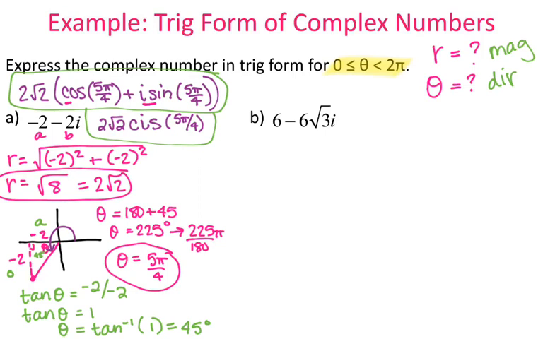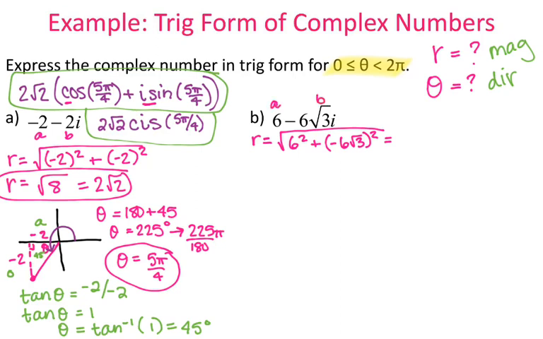All right, let's do another one. So once again, I'm going to start by finding my r, which is the same thing as finding the magnitude of a vector. So I have 6 squared plus negative 6 root 3 squared. Now, if you'll notice, when I'm finding my r, I am not putting i in the expression. I'm just using a and b.